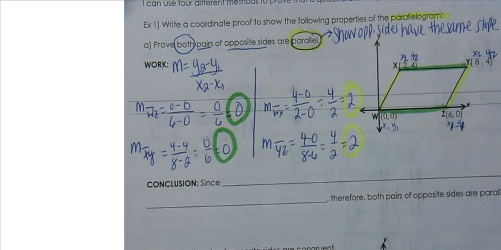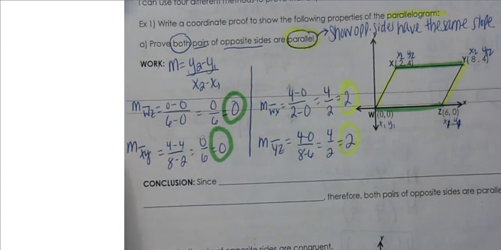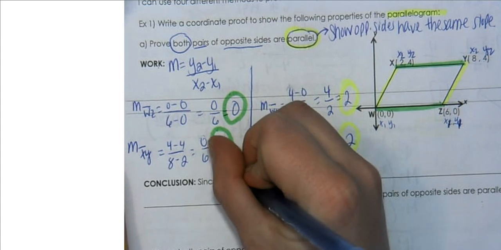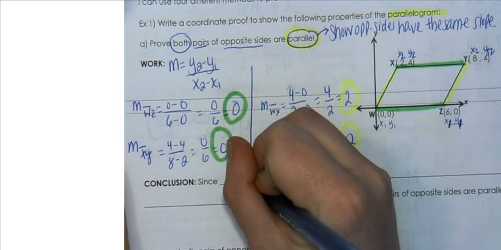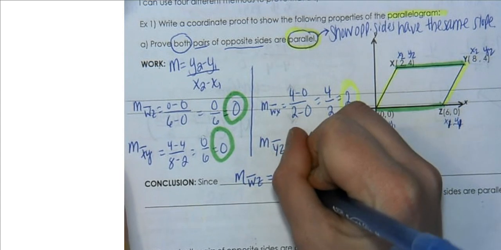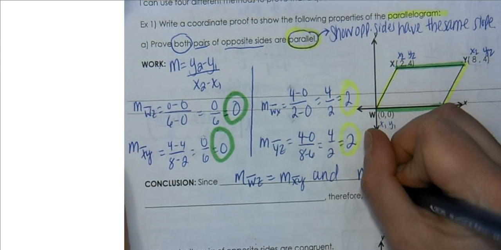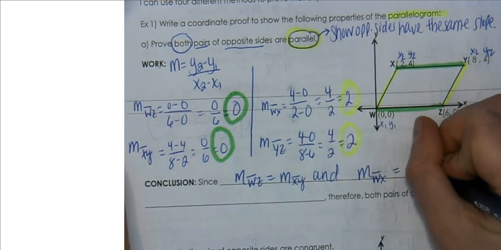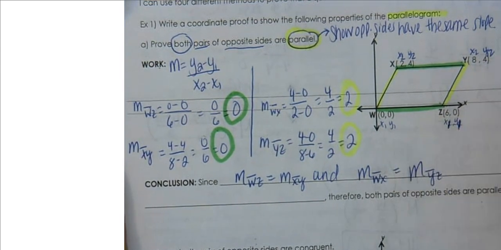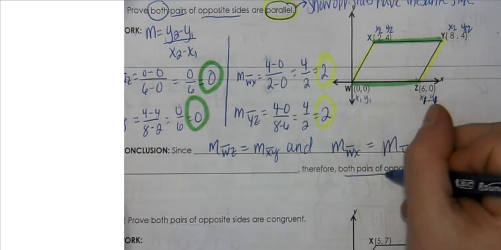So I've noticed that opposite sides have the same slope. And since the slope of WZ is equal to the slope of XY, and the slope of WX is equal to the slope of YZ, we can therefore say that both pairs of opposite sides are parallel.